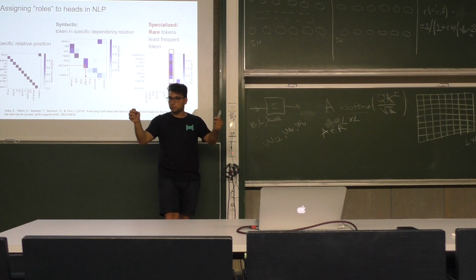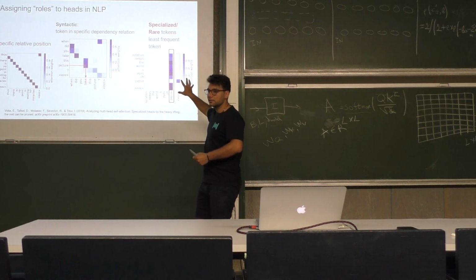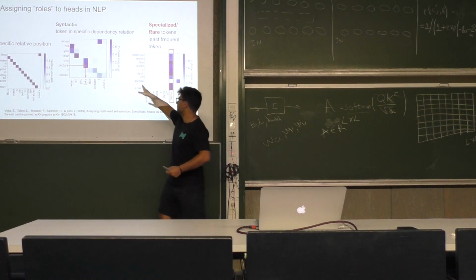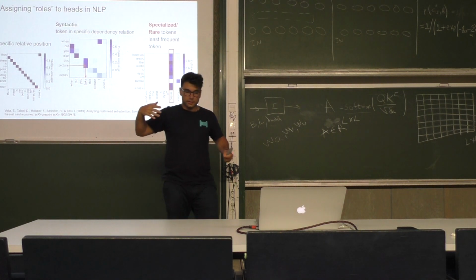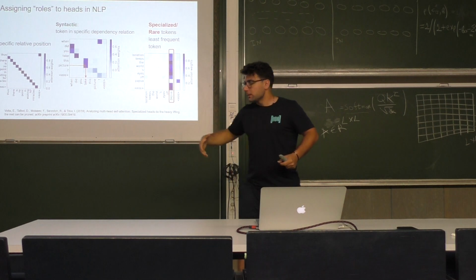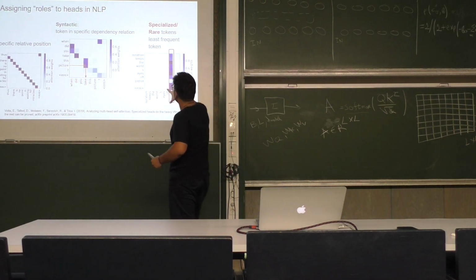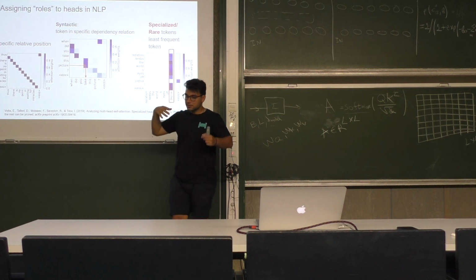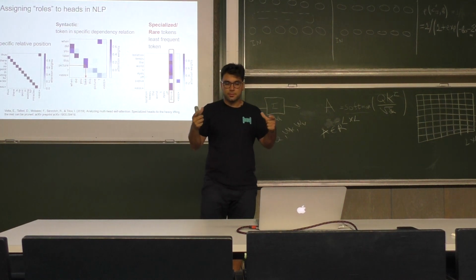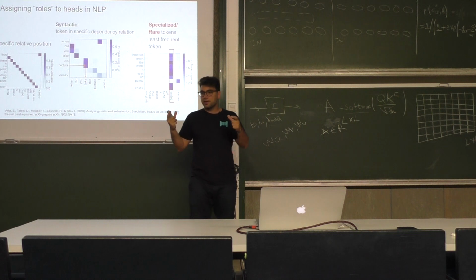As we said, these are fast weights. So these weights are produced for these individual input sequences. And these specialized or rare heads give their attention to something that is really rare.